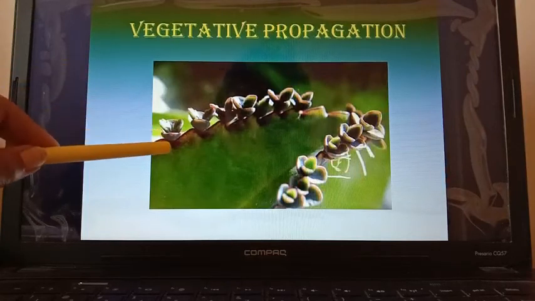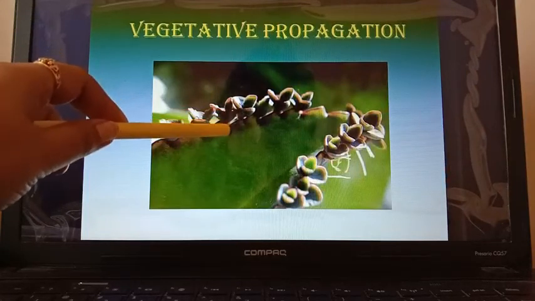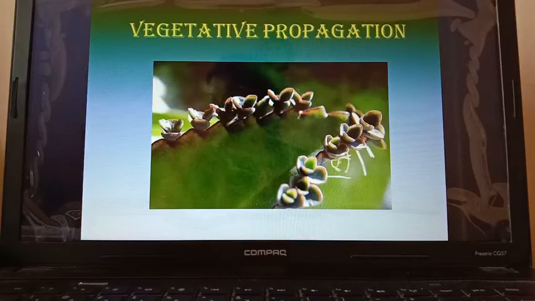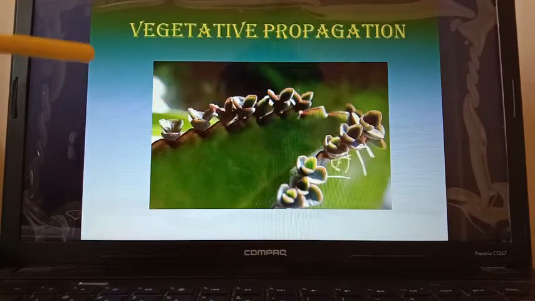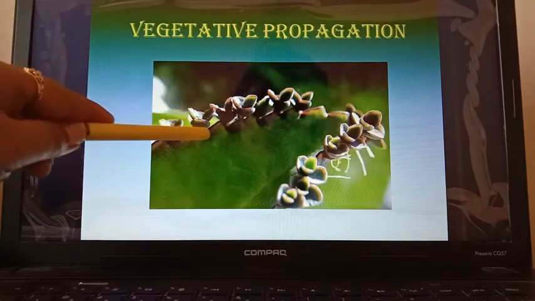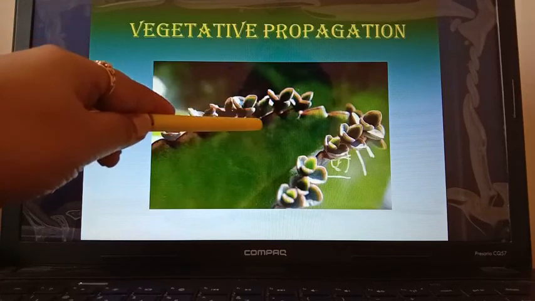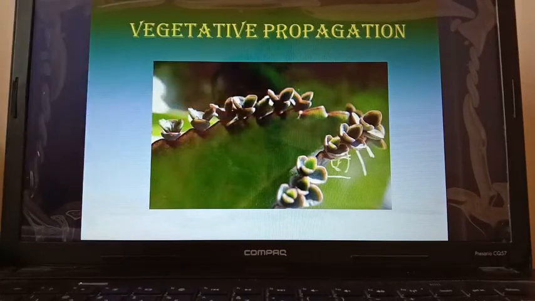Notches means this V-cut shape, this V-shaped cut at the edge of the leaf. You can see that V-shaped cut at the edges of the leaf. So from these notches of the leaf margin only, new buds are formed. These are known as epiphyllous buds.